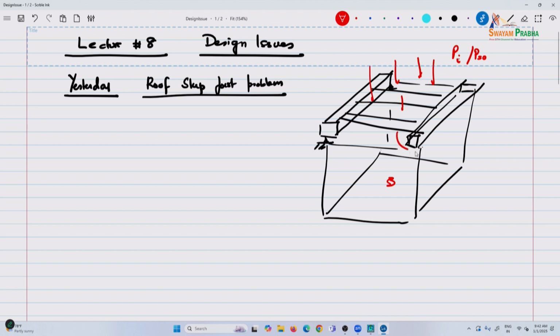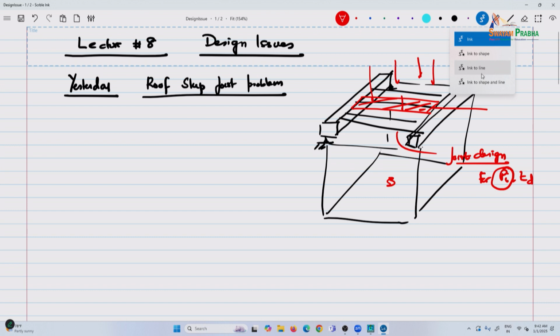So, the joist itself is going to be designed for a tributary area pressure this way. So joist design is for PI and TD, it's PI, again note that, for PI and TD, and tributary area.